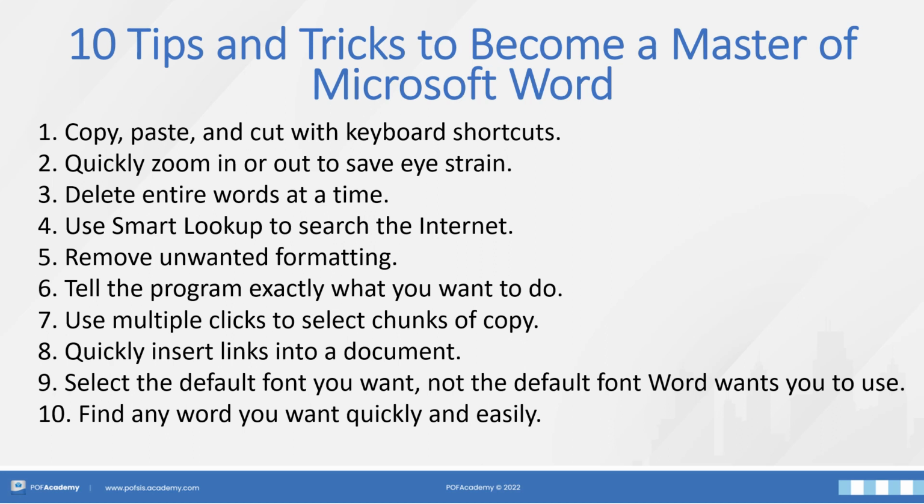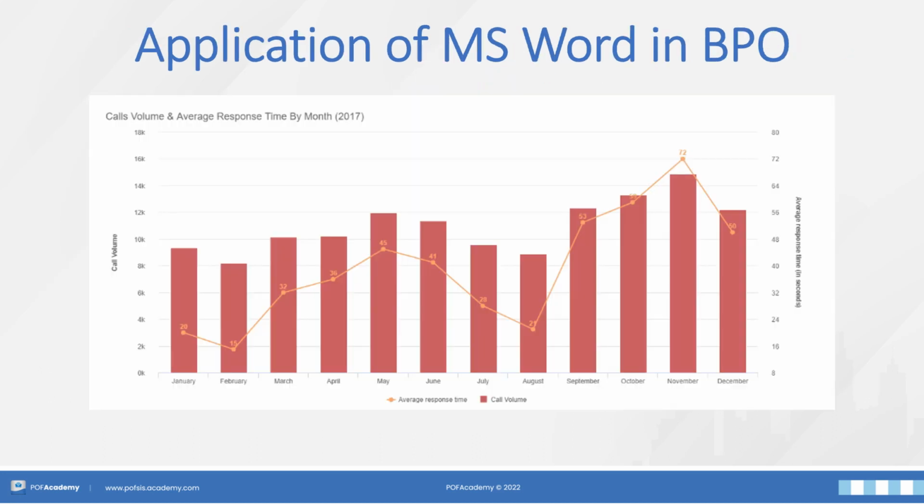So let's proceed to the application of Microsoft Word in different departments. Basically, these are just examples of the uses of Microsoft Word in different departments, and I'll give some steps on how they use it.